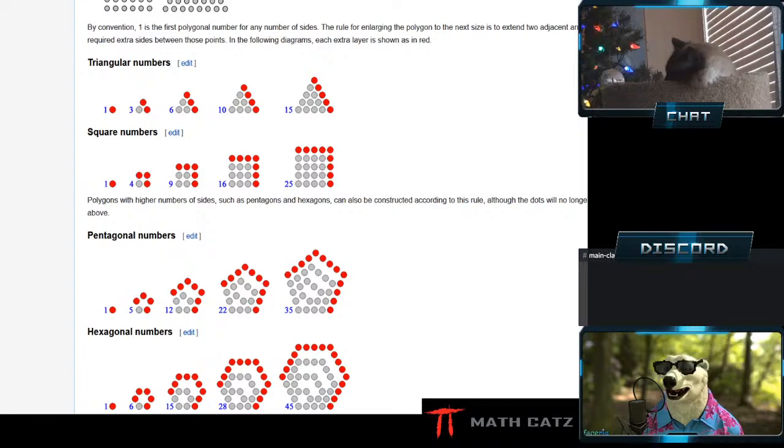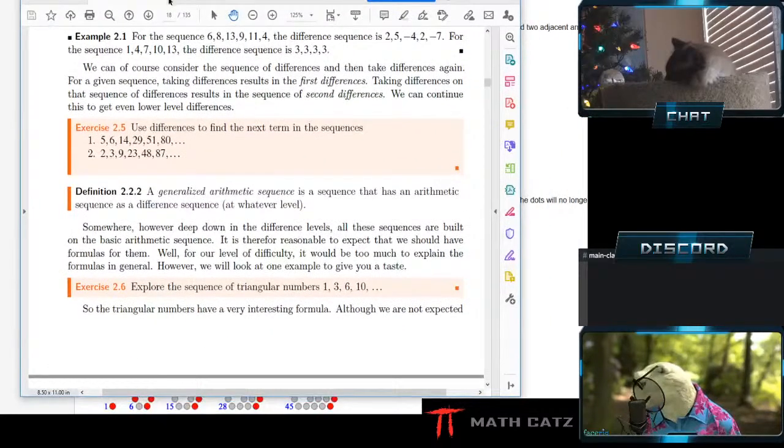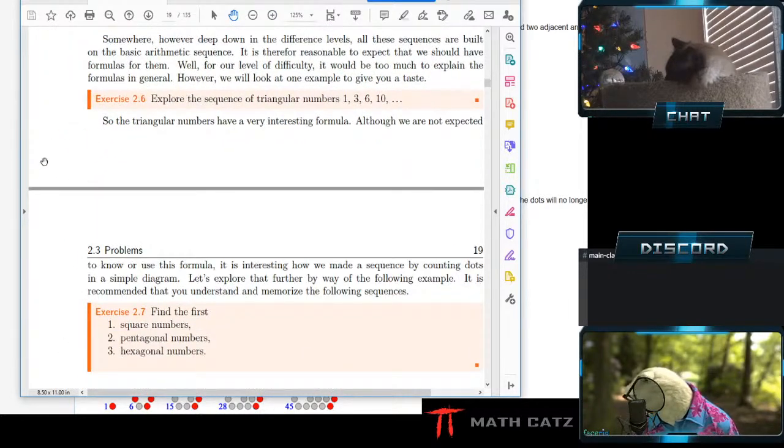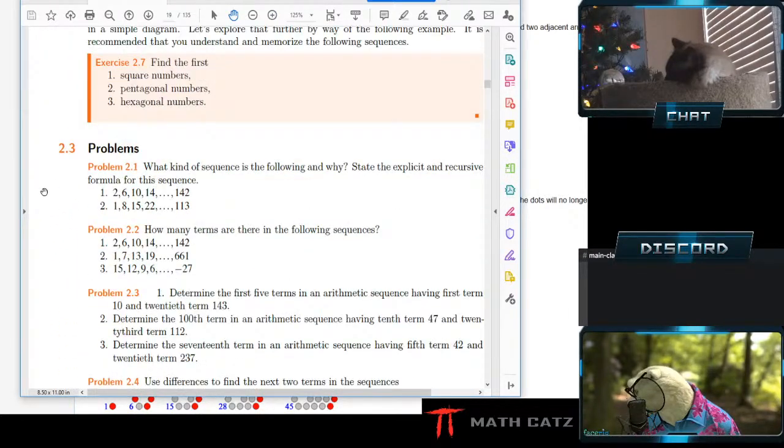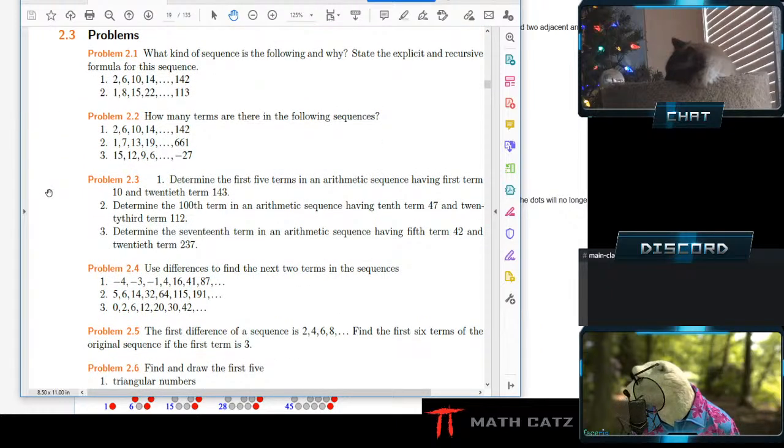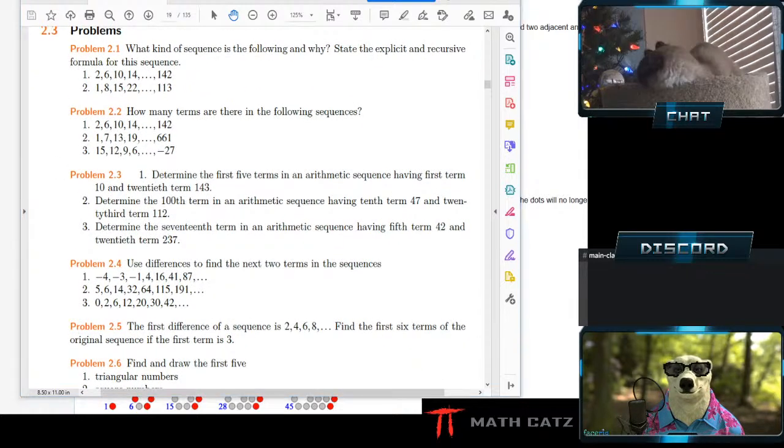Let's see. Let's go to the problems. I'm always going to forget that. So yeah, that's going to be a recurring question, which is good. So the pure arithmetic sequence problems are 2.1, 2.2, 2.3. Let me just check. Is this on the screen correctly? Yeah.